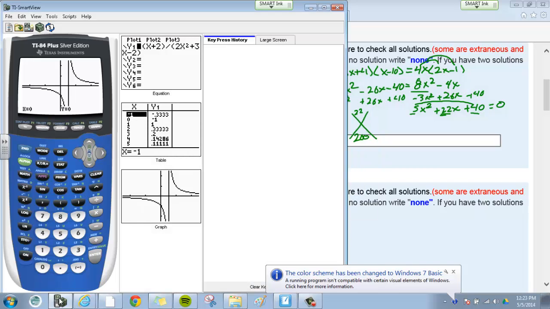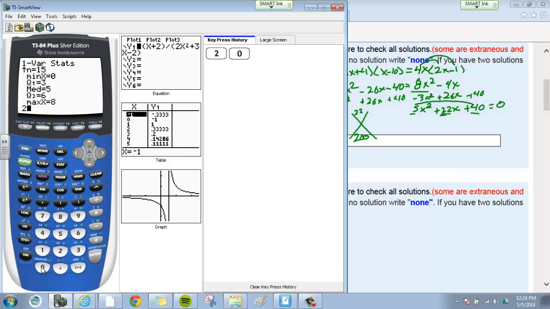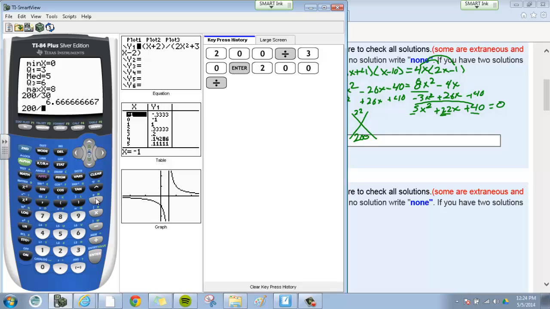Okay, so let's find all the factors of 200. These two numbers are probably not too close together because there's a difference of 22. 200 divided by 30? No. 200 divided by 25? No, that doesn't do it.